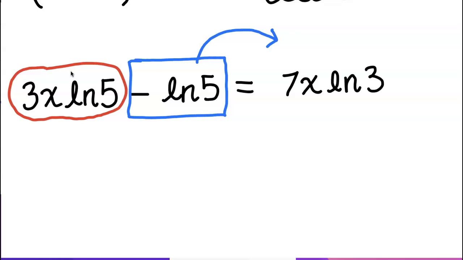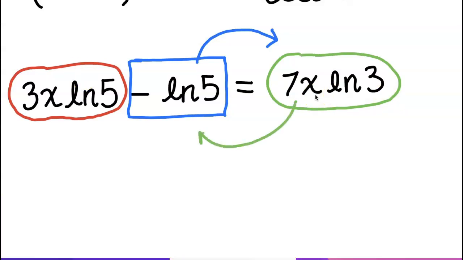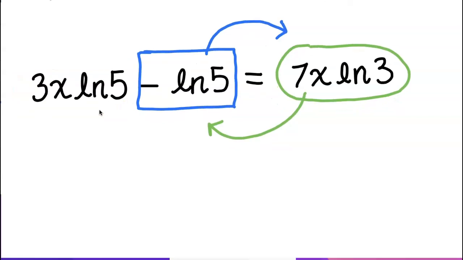Now I'm looking at the right-hand side, and I notice that 7x natural log of 3 has x. If it has x, we want to gather all of those to the left-hand side. So the only thing that's not getting moved is this 3x natural log of 5. But the two terms that I boxed in blue and circled in red are switching places. We're going to keep that 3x natural log of 5 exactly the same.